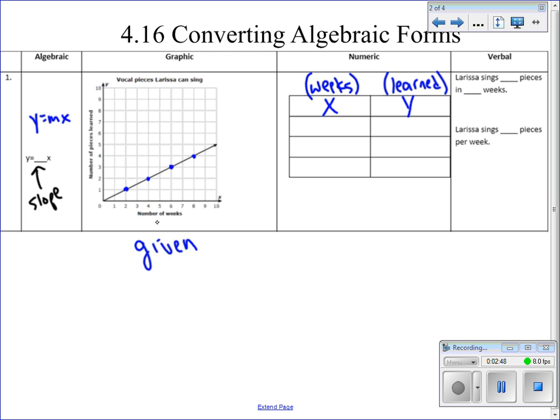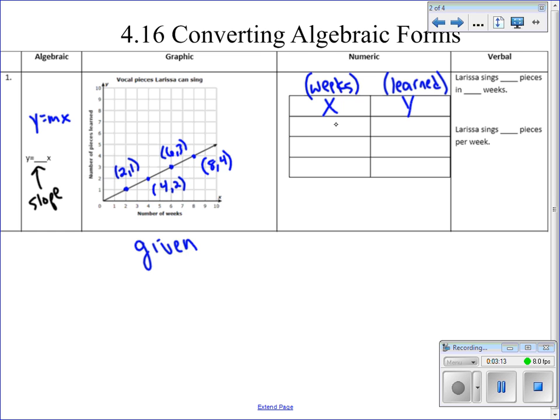If we want to steal some points from our graph to complete our t-chart, we can. As you can see, this is an exact point. It's the point 2, 1. This is the point 4, 2. This one's the point, what is it? We've got 6, 3. And the last point over here is 8, 4.